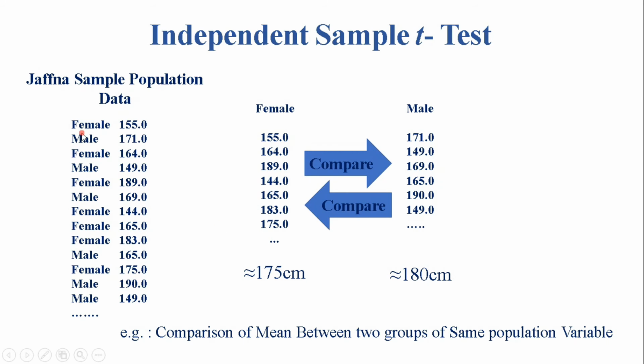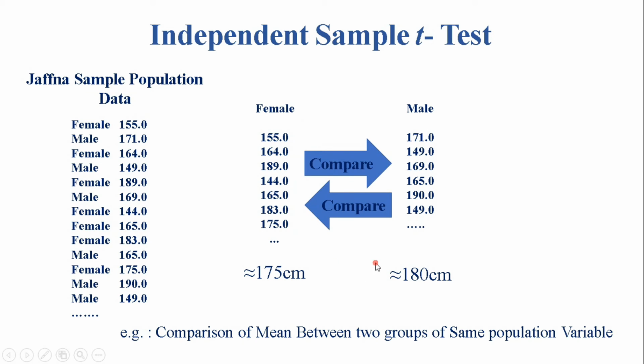Let's say there are female heights and male heights, in centimeters. You want to know whether the male and female heights have mean differences or not. So you can simply group females into one group and males into one group, get the mean from here and the mean from here, and compare these two.